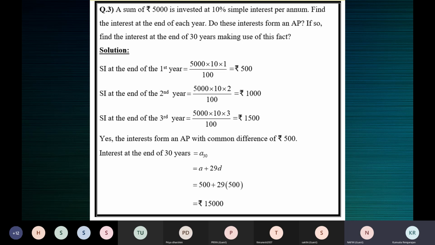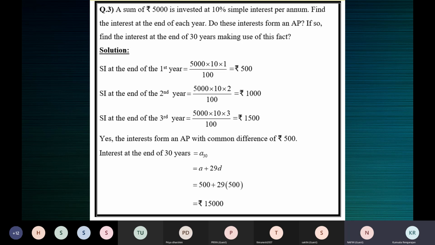Ma'am, if we had to find S30, then what should the question be? No, nothing here. S30 is meaningless in this situation. Good question.